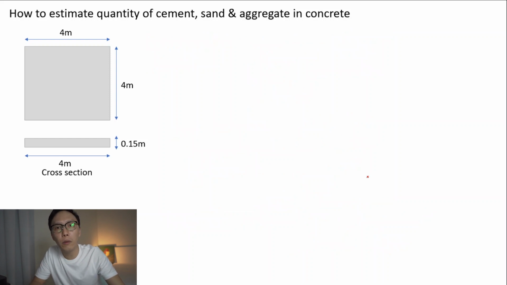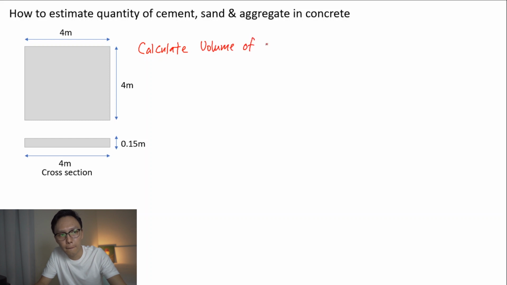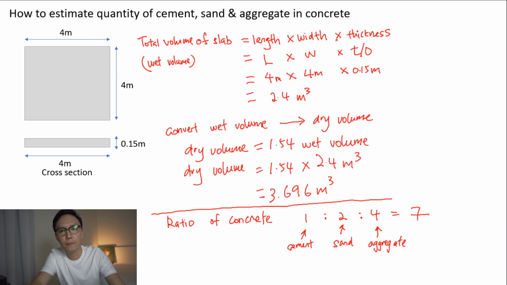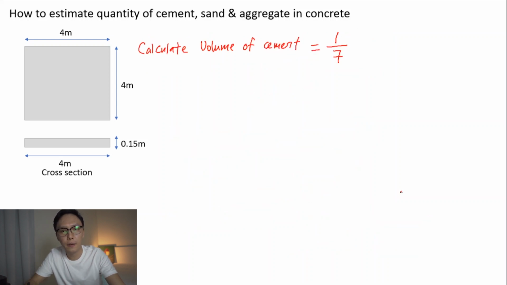So to calculate the volume of cement, we have a ratio of 1 for cement and the total ratio is 7, times the dry volume.